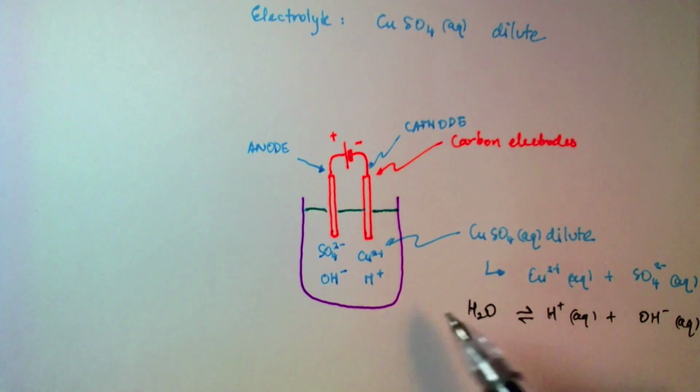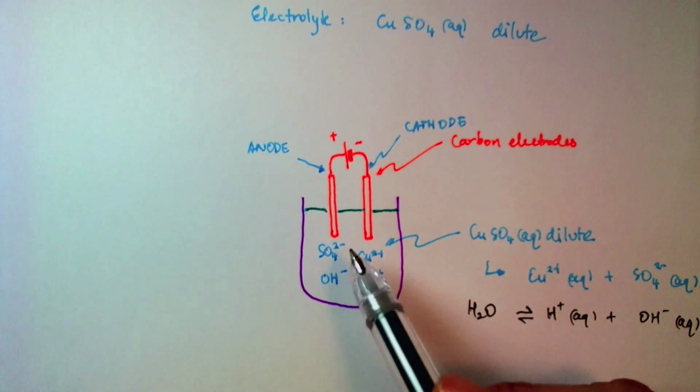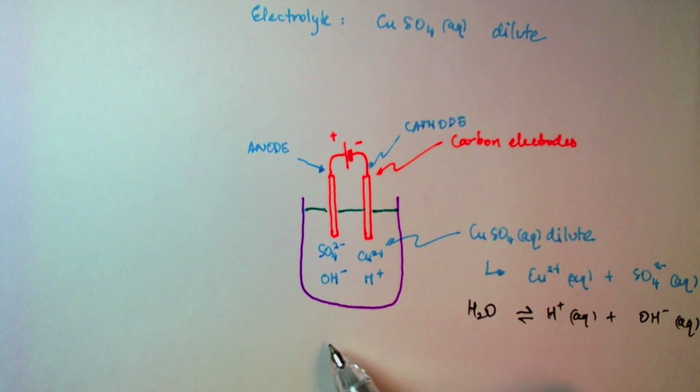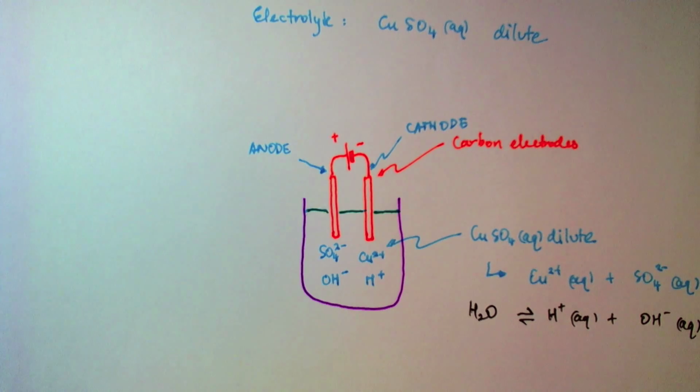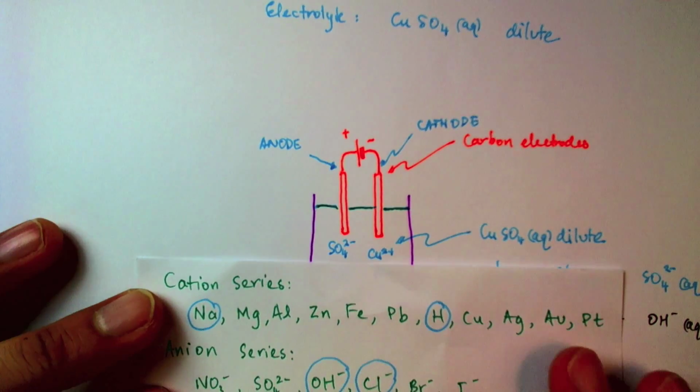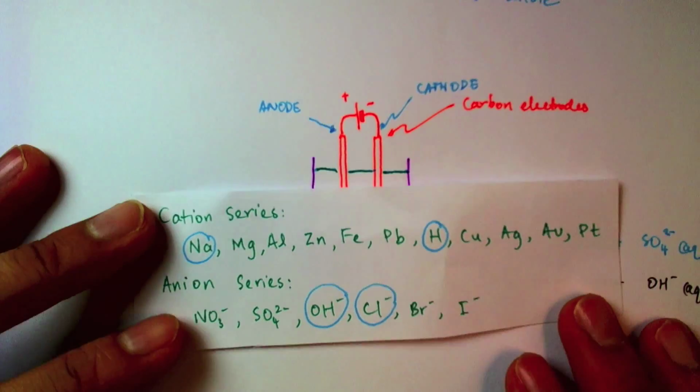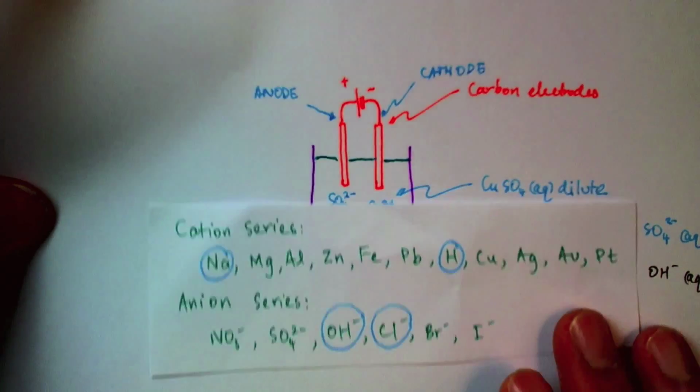You can only choose one. And likewise at the anode I have sulfate and hydroxide ions, but I can only choose one. To choose it, remember we had to look at the reactivity series, so let's bring that in once again. It's the reactivity series that we had from the earlier video.